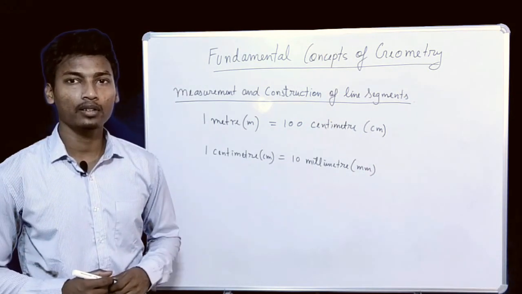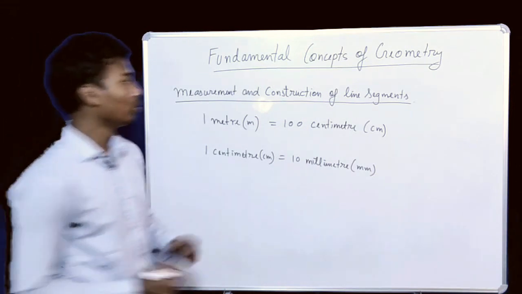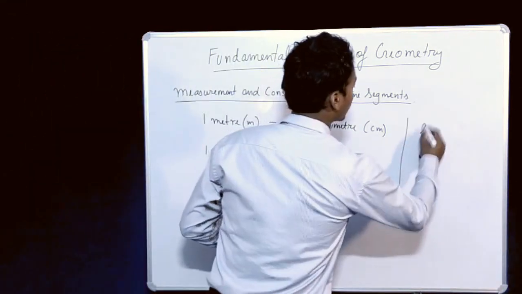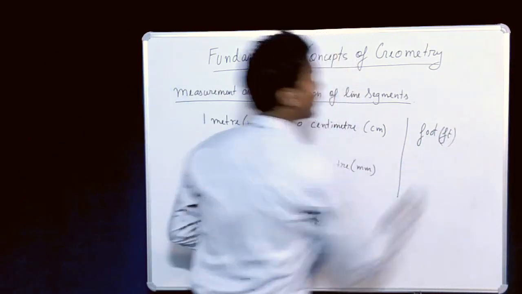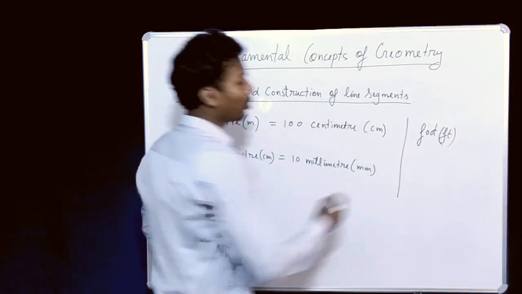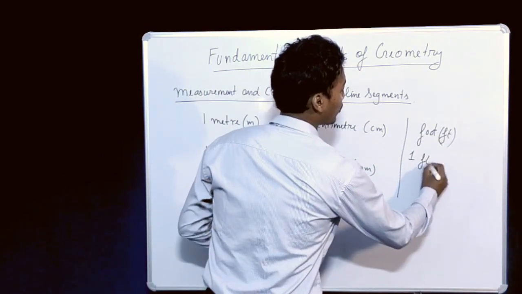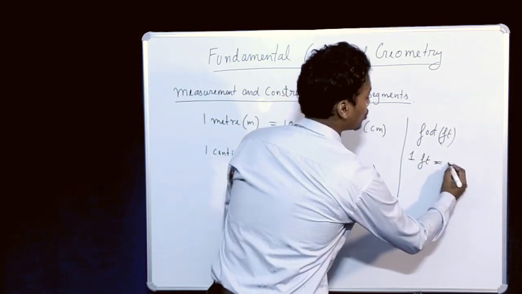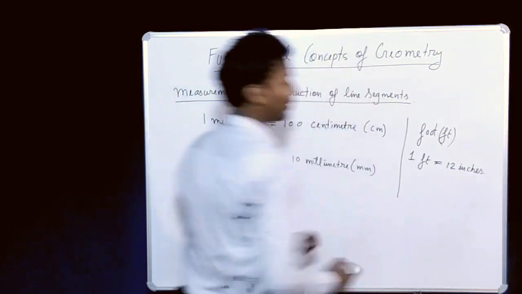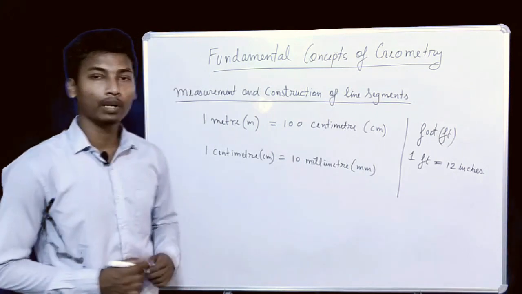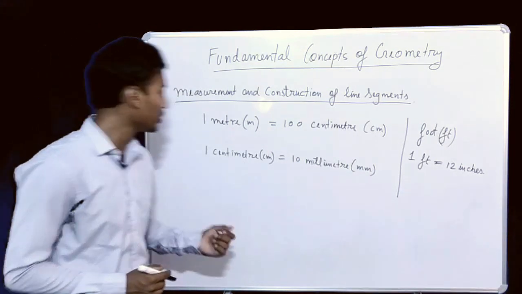Till the late 1960s, the measurement for length was the foot, short form ft, where 1 foot was equal to 12 inches. But now we are using the International System of Units.